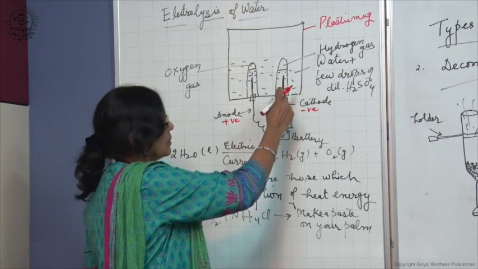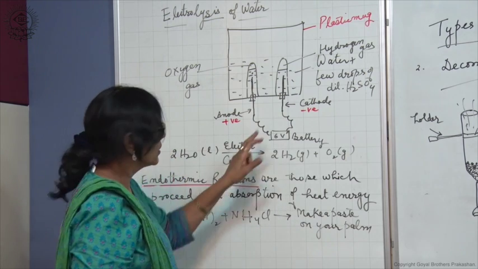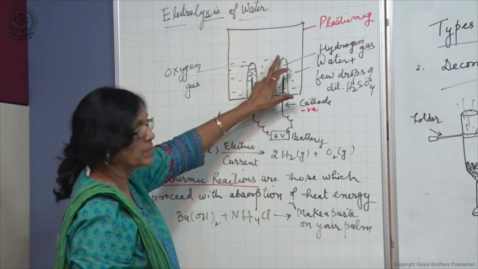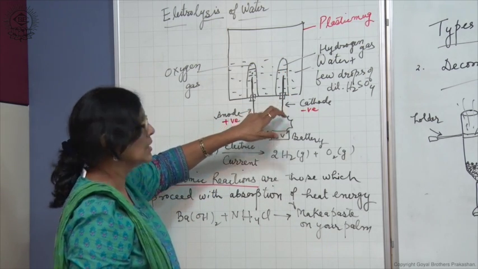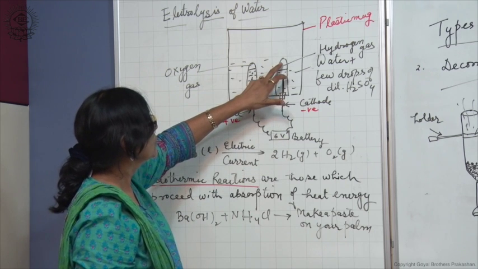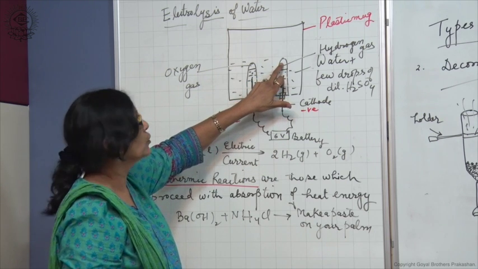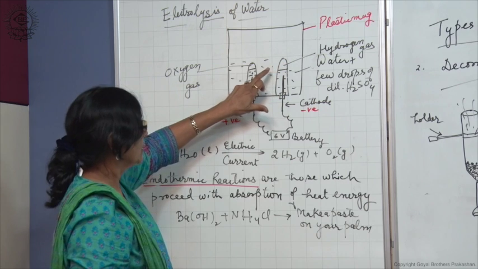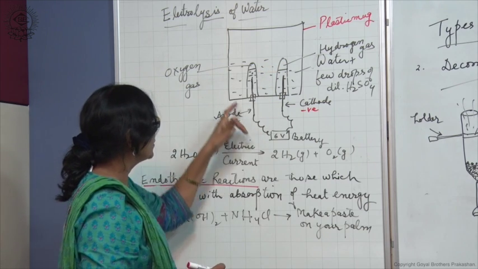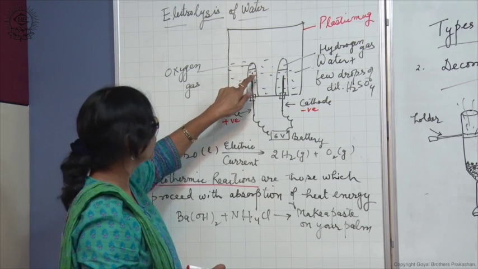Hydrogen is liberated at cathode. What happens? Through the test tube it goes up, water is displaced in the downward direction and hydrogen gas is collected at the top of the test tube, whereas oxygen gets collected at anode.